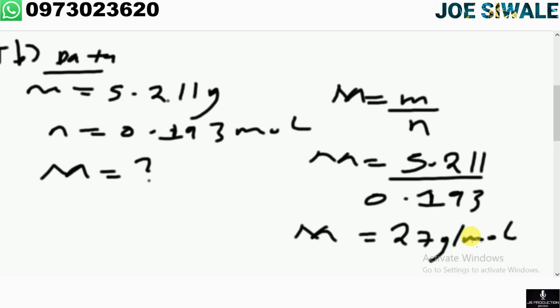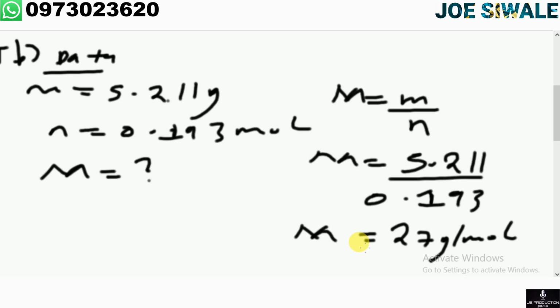So I've found the molar mass. The next thing, I need to identify the element. So if I go on the periodic table, the element that has the mass number of 27, that's aluminium.